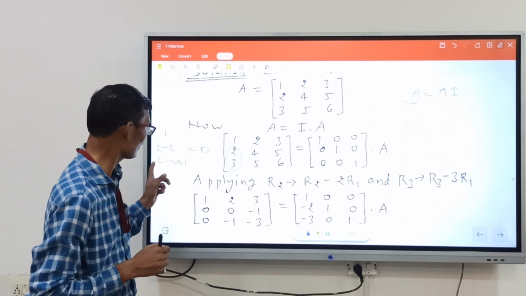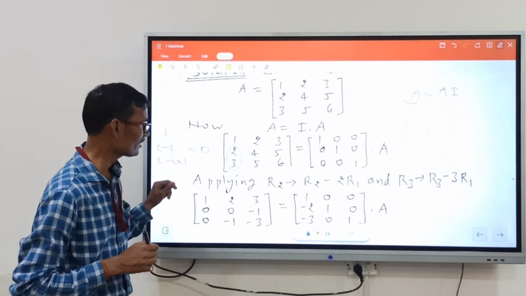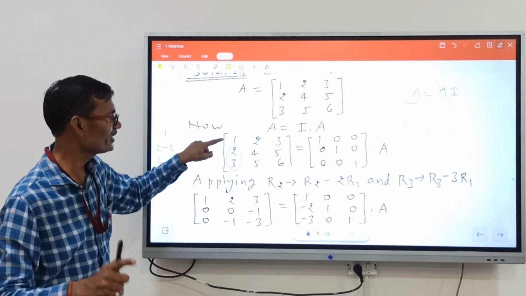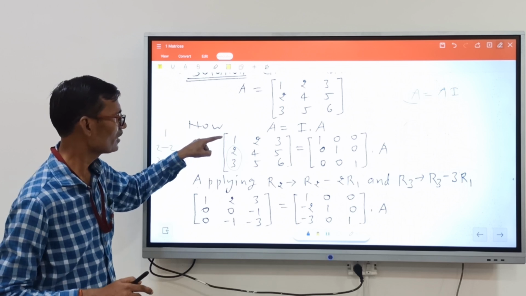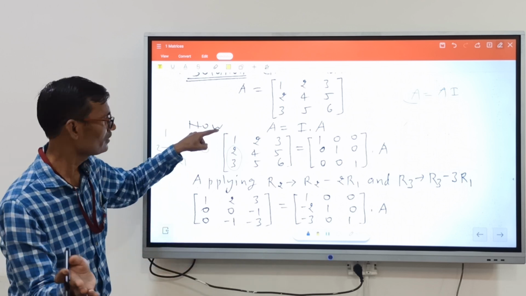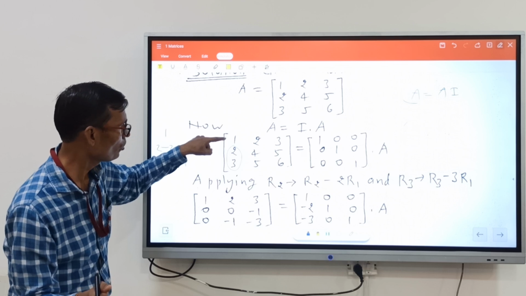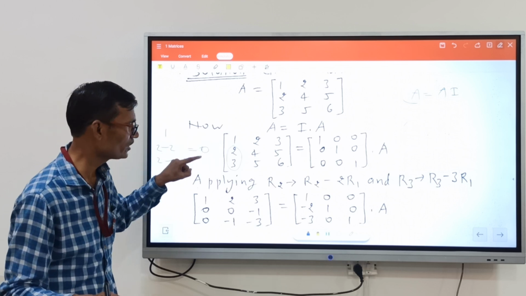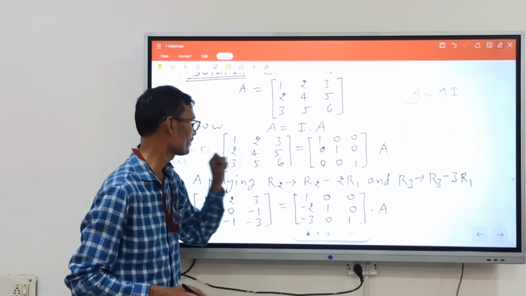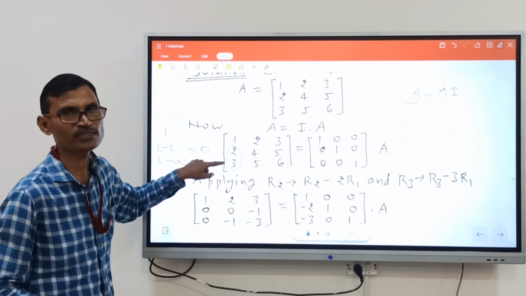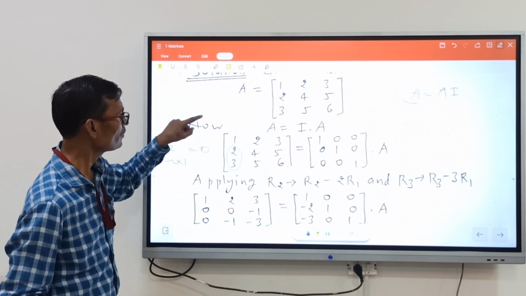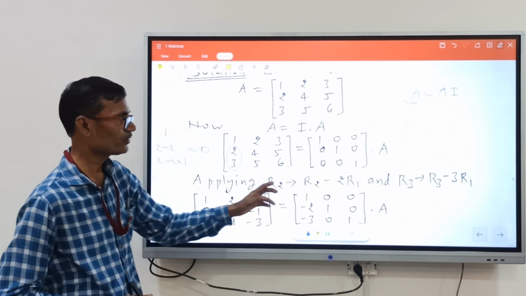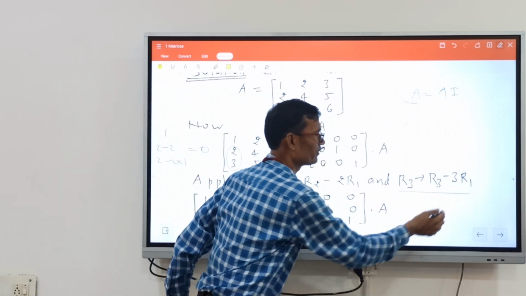So we will multiply the first row by 2, and then subtract it from the second row to make 2 as 0. It is written here. Similarly, if we have to make 3 0, we will multiply the first row by 3 and then subtract it from the third row. It is already written here.